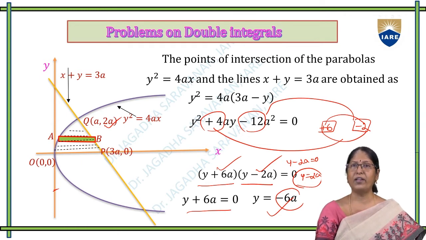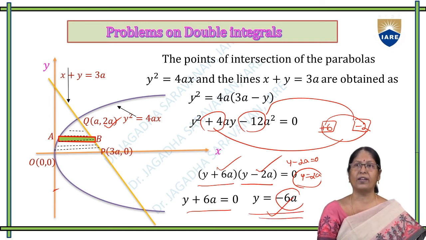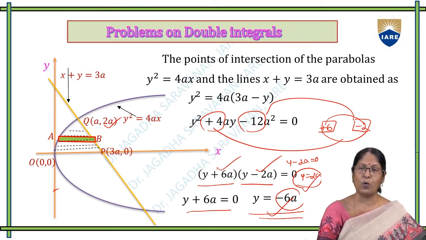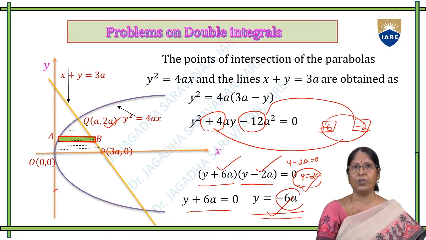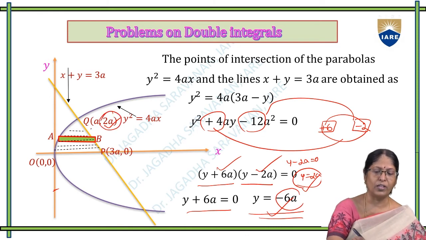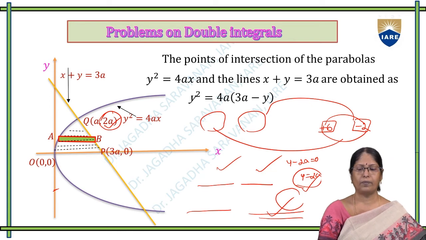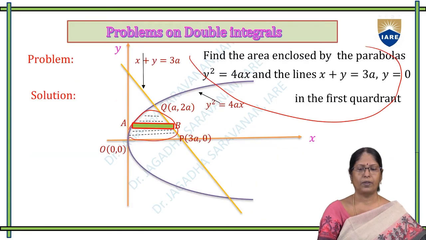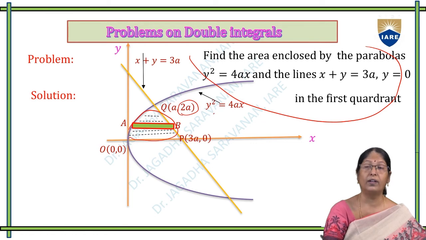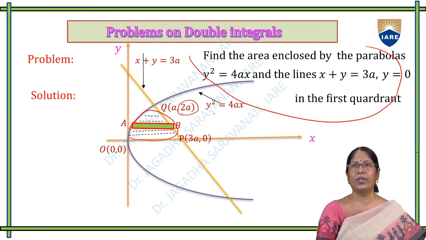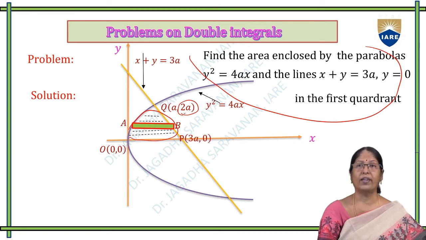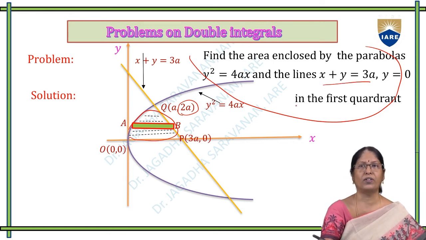As it is strictly told, we have to calculate the region of the first quadrant, so we consider only y equal to 2a. That is the reason the 2a is written here, as we saw in the previous slide, and in the next slide we did the calculation of how we get it.